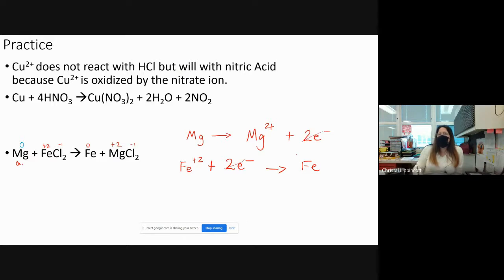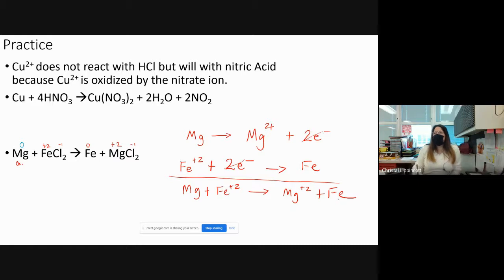And if we look at the net overall equation, it's going to be Mg plus Fe 2+ yields Mg 2+ plus Fe. There's no chlorine involved. Now, here's the deal.